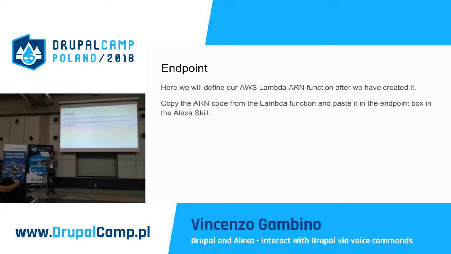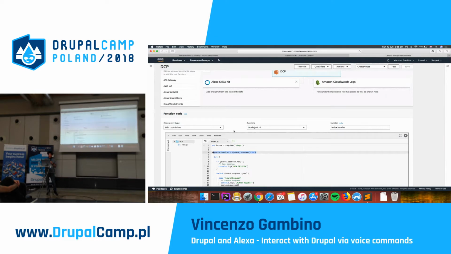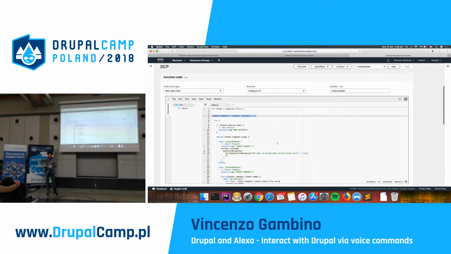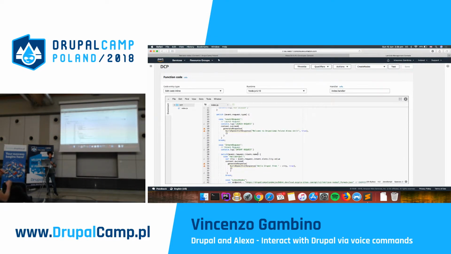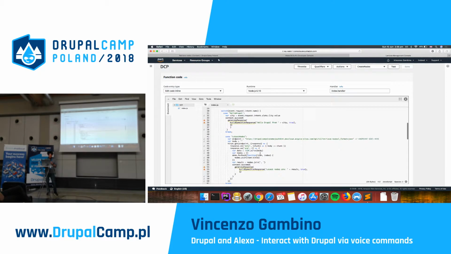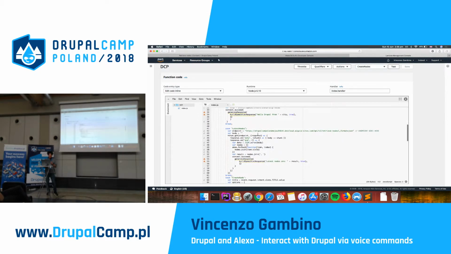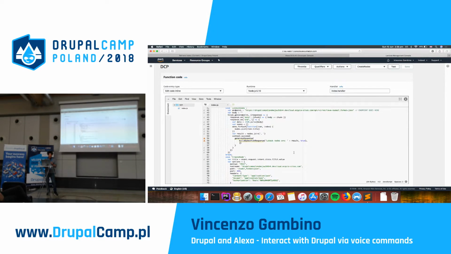So now that we have created our Lambda function, we can copy the ID of the Lambda function and paste it into the Alexa skill itself. Here is my code for the Lambda function. I have the latest node, I have the endpoint that points to Drupal, and I send the response back. So latest nodes, and then the results.